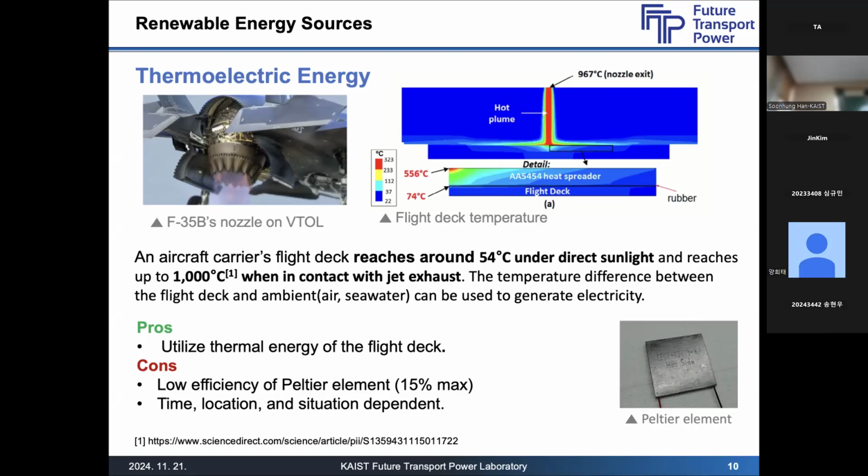In other words, you can only generate electricity when the ship is under direct sunlight and only in the daytime. And for the temperature difference during takeoff and landing, only then can you produce. So it is very situation dependent.